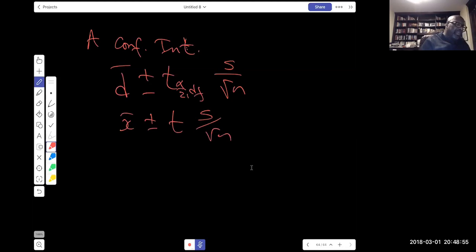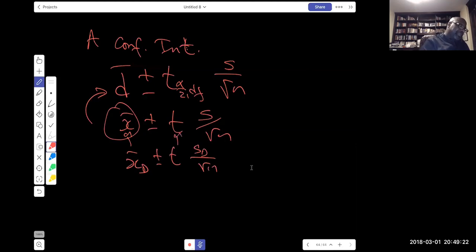So what's the difference between them? The only thing is that we're using d bar to represent the average of the differences. But that's an average as well. In fact, some books use x bar d, which I prefer, which means the average of the differences, and then it looks more like what we've done before, SD over square root of n.